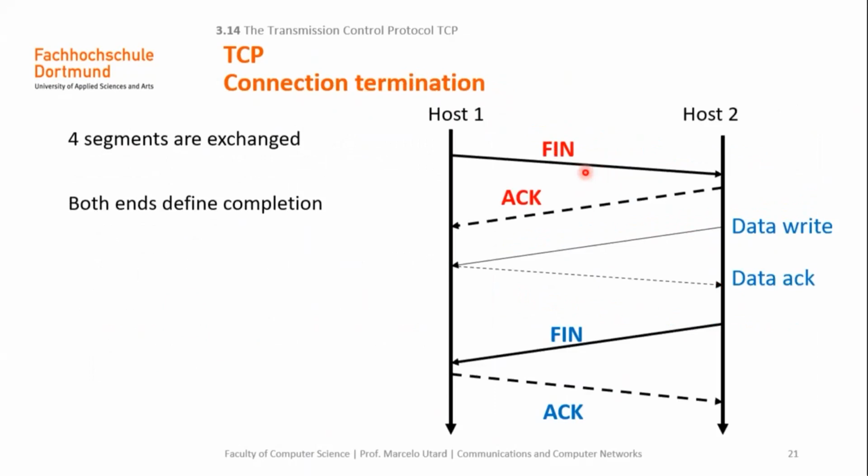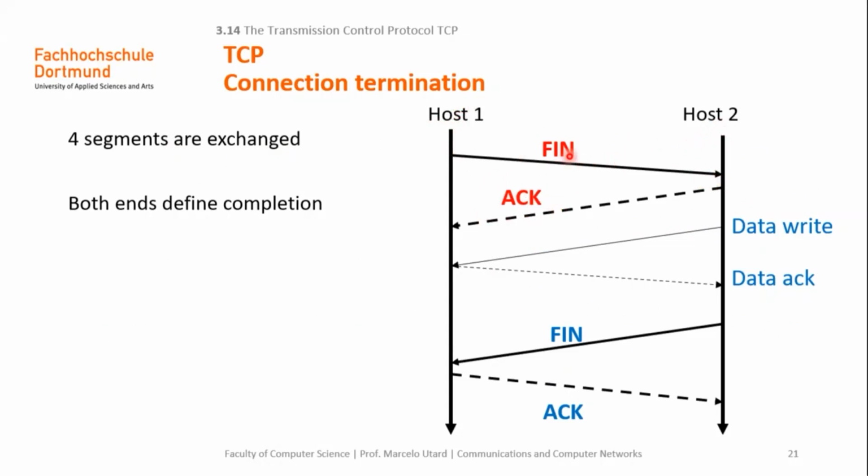When we need to terminate the logical connection, we need 4 segments in order to close the 2 flows. Then one of the 2 hosts sends a segment with the finalization flag set, and then the other end sends a segment with the acknowledge indicated.